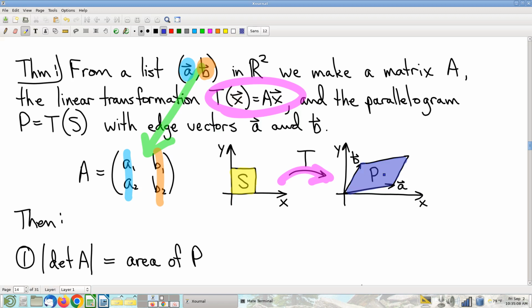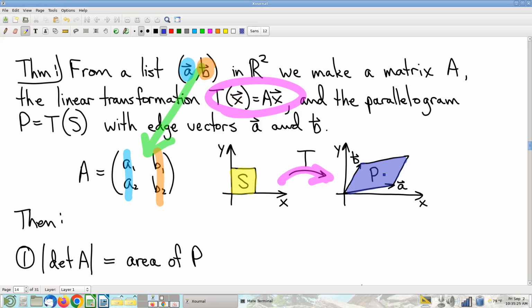Real quick, I will observe, and it's kind of neat, think about it. Think about what we know about linear algebra. When you have a linear transformation, remember the columns of the matrix are the images of the standard basis.